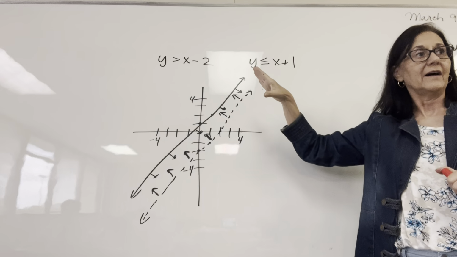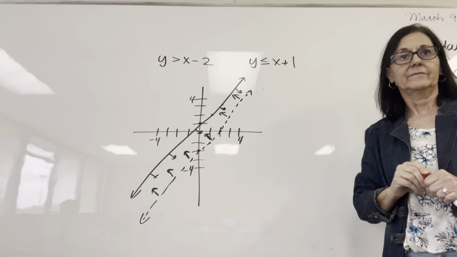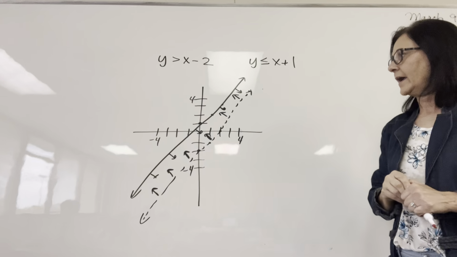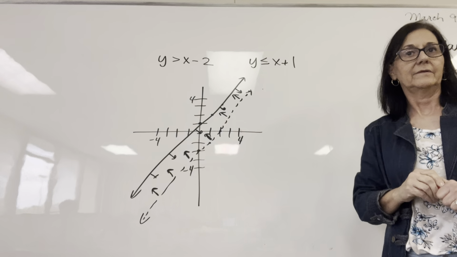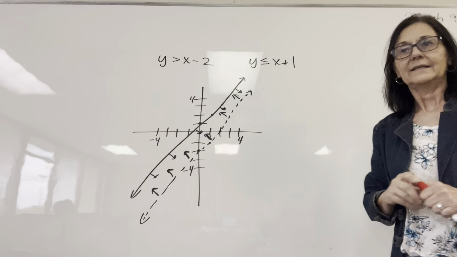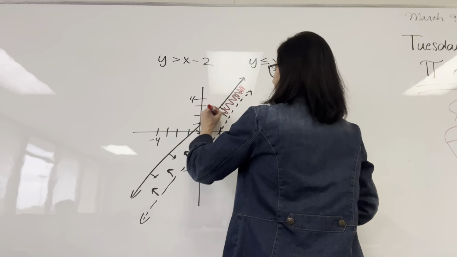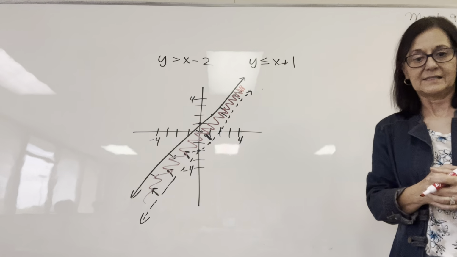Greater than is above, less than is below. Okay, so what region is the only region that satisfies this one? It's only in between. So 2. So what we've called 2, yeah. That's the only region that satisfies them both.